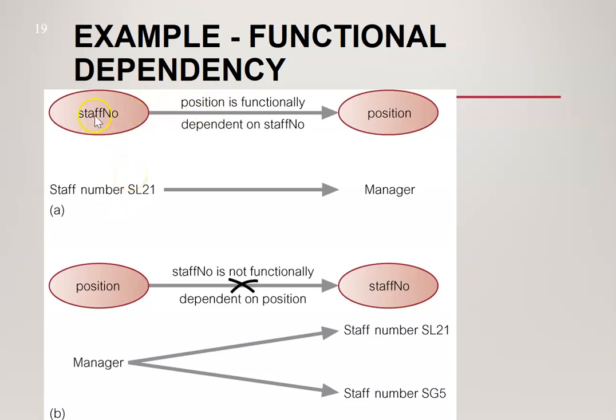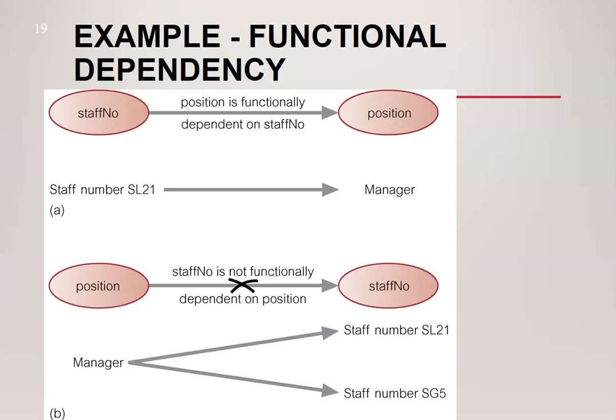It is like here, if we have an example of a student, a registration number, and the student name. Registration number determines the name, or the name is functionally dependent on the student's registration number. Why? Because one value of the name corresponds to only one value of the registration number.